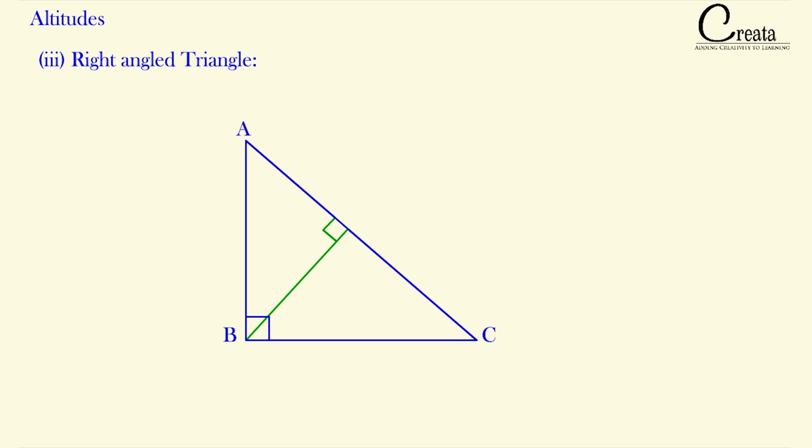Are you able to observe that these two legs themselves are the altitudes for this triangle? These legs are touching the vertex as well as perpendicular to the opposite side. So we can say these two legs and this middle line segment are the altitudes for this triangle. Got it? Two sides of the triangle themselves are altitudes.